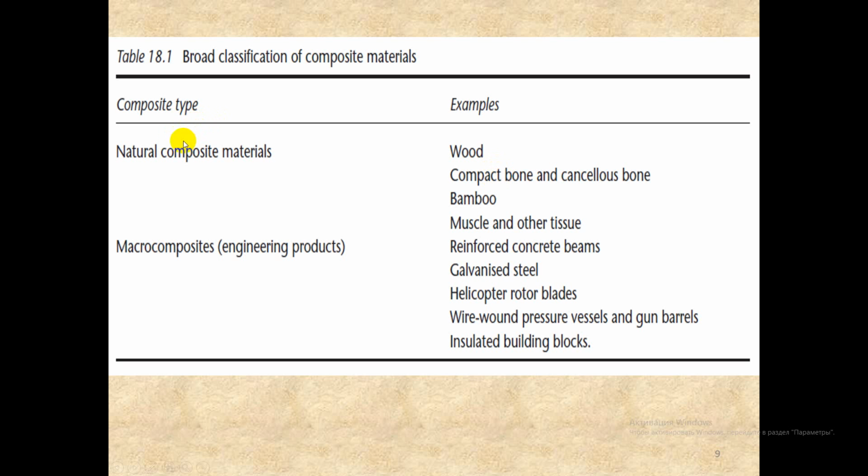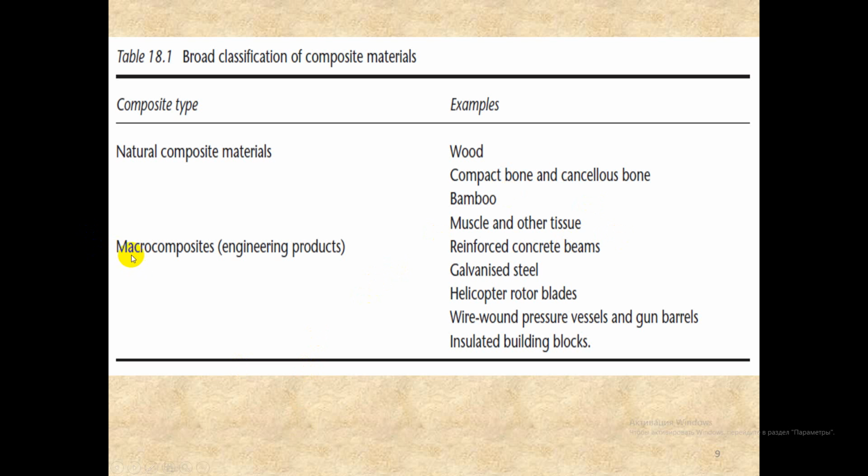So, composite types: natural composite materials and macro composites, engineering products. Natural composite materials include wood, compact bone and cancellous bone, bamboo, muscle and other tissue.